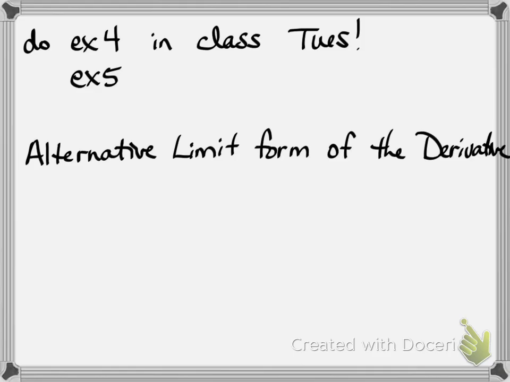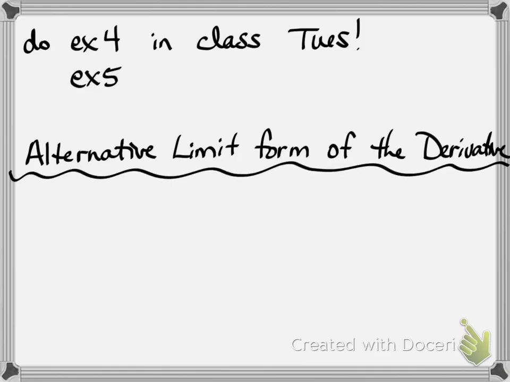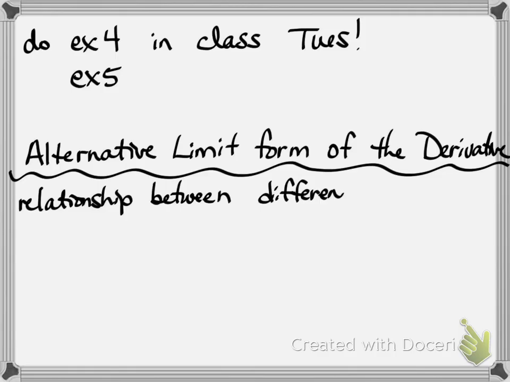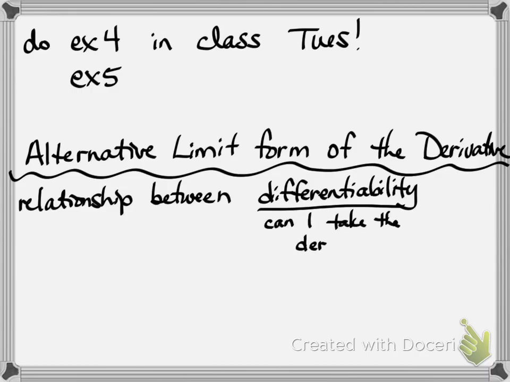All right, it's useful if we want to think about the relationship between differentiability, which means, can I take the derivative? And continuity, which means it's continuous, doesn't have any asymptotes or any holes.